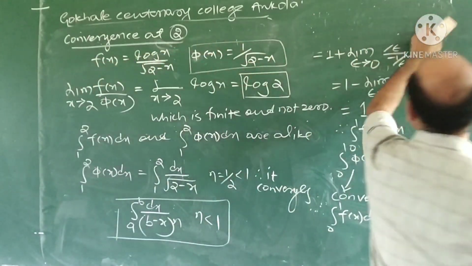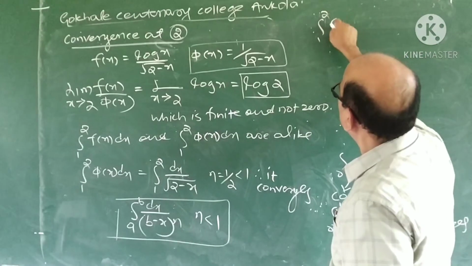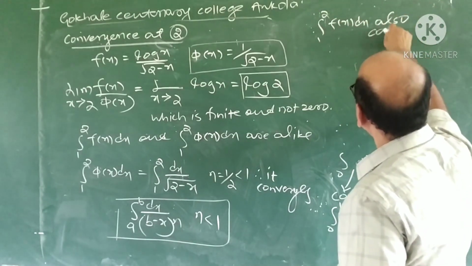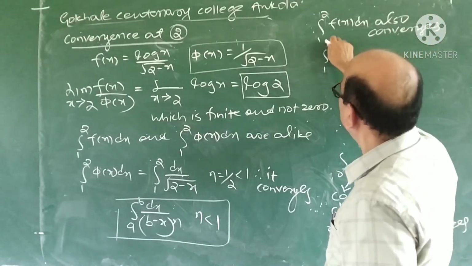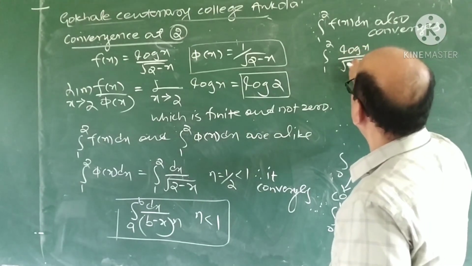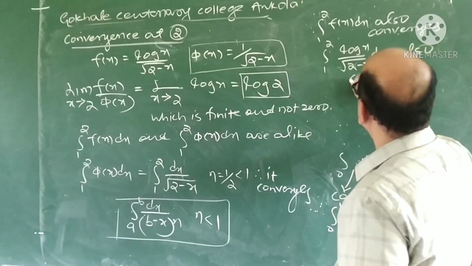Therefore, by comparison test, the integral from 1 to 2 of f(x) dx, the given function log x by square root of 2 minus x dx, also converges.